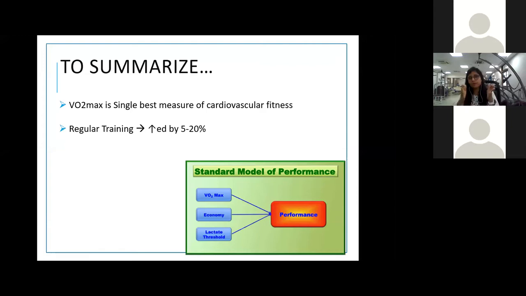So if you have one report of somebody's VO2 max, suppose before injury or after injury, and you want to train the person and then see whether there is a change or not, you could see the improvement, and you could see it in a precise amount. Lactate threshold also gives a lot of information about the fatigue level. It is the second most important parameter to know a person's performance, and it can also be changed with training.